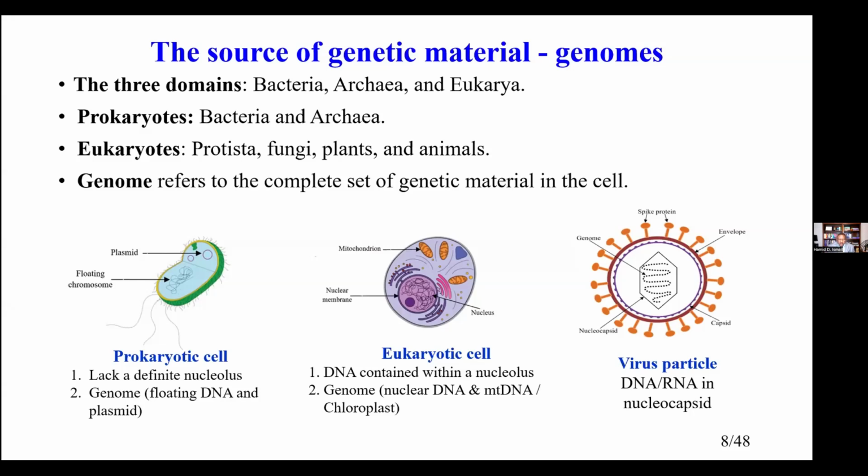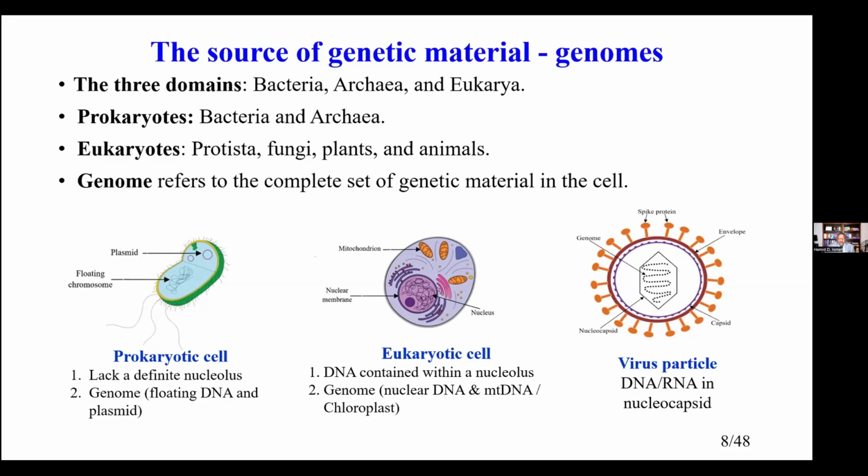But when you study genomics, because we are getting information from genomic data, for us here, the organism, the cell itself, the source of those three biomolecules, we classify into prokaryotes and eukaryotes. Prokaryotes include bacteria and archaea, and eukaryotes include protista, fungi, plants, and animals. And the division here is because of the nuclear material.